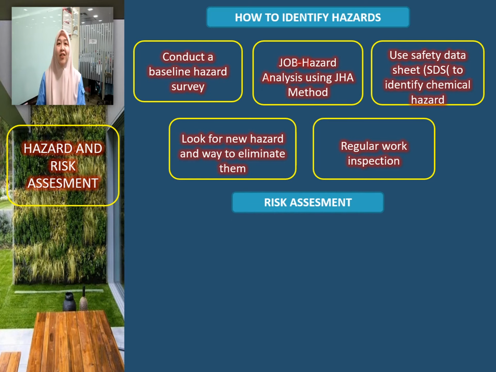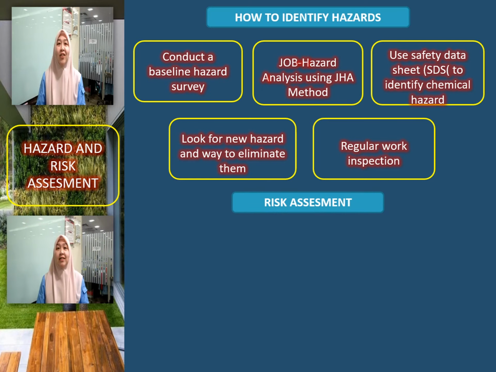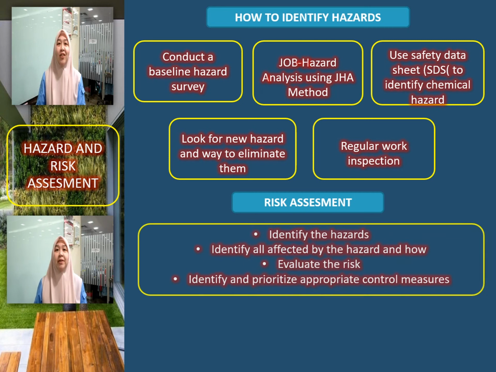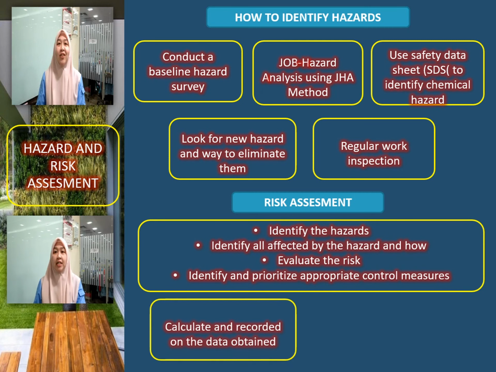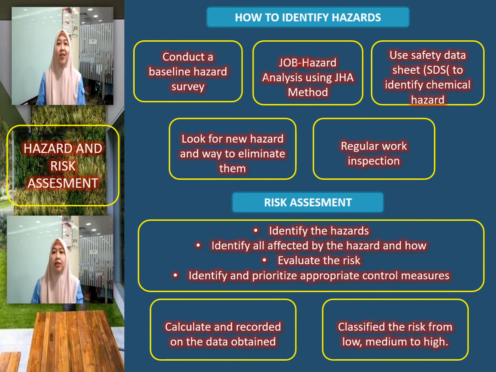Risk assessment. Always keep in mind that risk management is to manage the risk to a lower level. So, risk assessment. First one, you must identify the hazard, and then identify all those affected by the hazard and how to evaluate the risk.